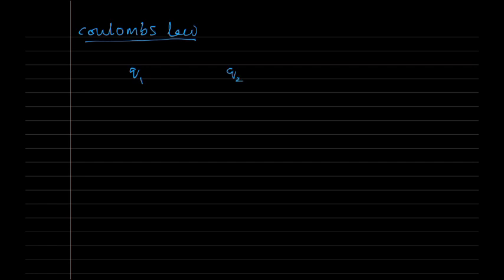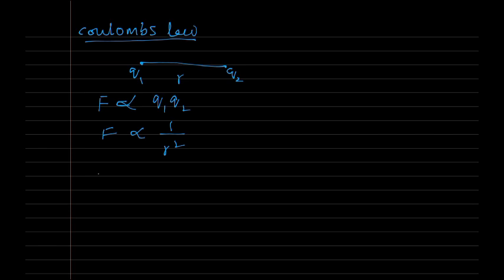Let's say these two are separated by a distance r. Now the electrostatic force between these two charged particles is directly proportional to the product of the charges, and this force is proportional to 1 by r square, inversely proportional to the square of the separation between the two charges.